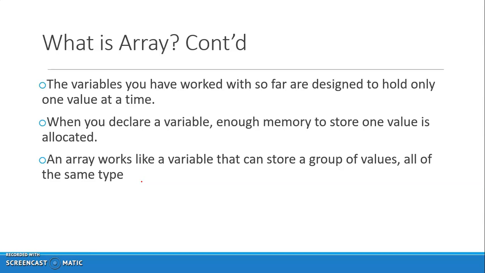So we've been doing that. So if we are to come up with a program that should add 100 integers using the old approach, it means we're supposed to declare probably 100 variables. Each variable would store one value and we would add these values together.